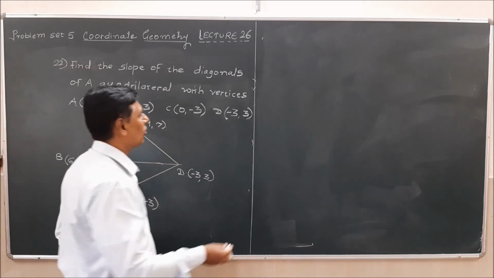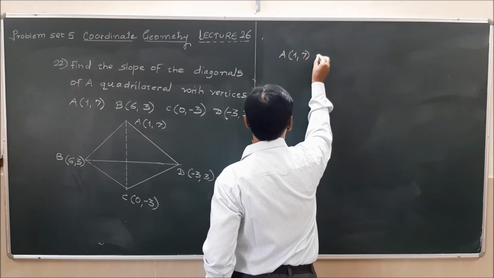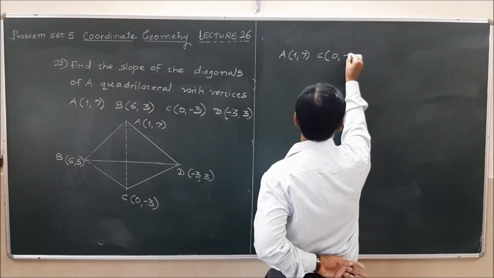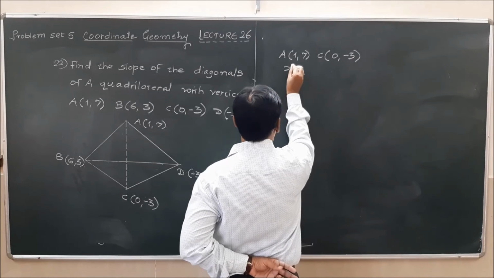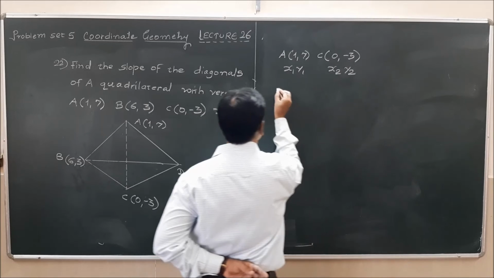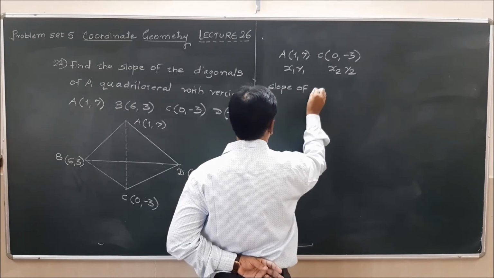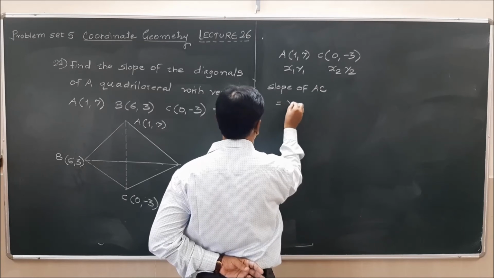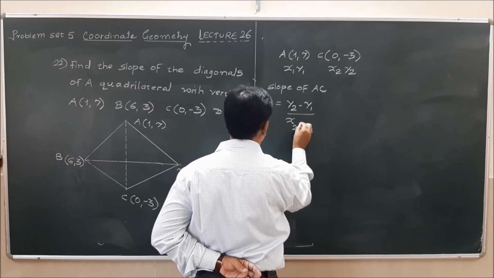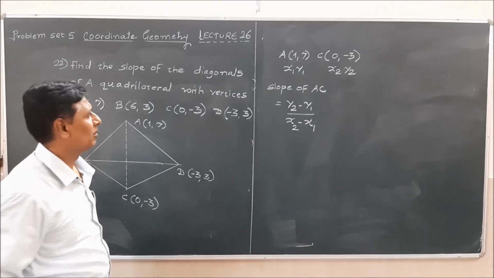So A(1, 7) and C(0, minus 3). Label them as x1, y1, x2, y2. Slope of AC is equal to y2 minus y1 upon x2 minus x1. You all are familiar with this slope formula.